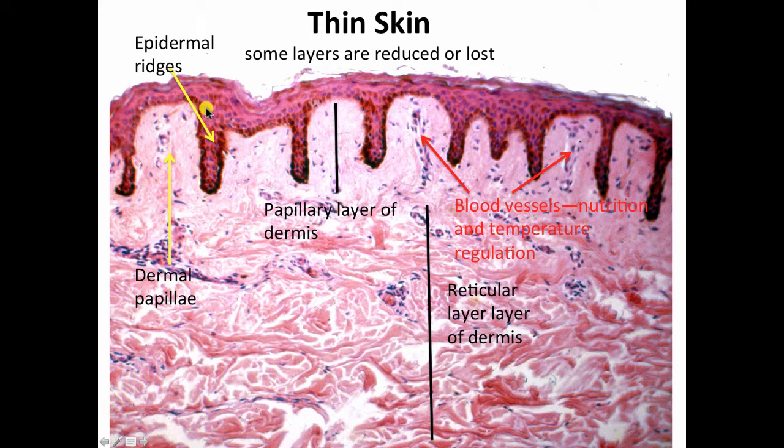As you can see, there are these ridges of epidermis which poke down into the dermis, and these are thought to provide anchoring of the epidermis to the dermis. Correspondingly, the dermis sends these dermal papillae up in between these epidermal ridges, and the dermal papillae are rich in blood vessels and capillaries, which provide nutrition to the overlying epidermis.